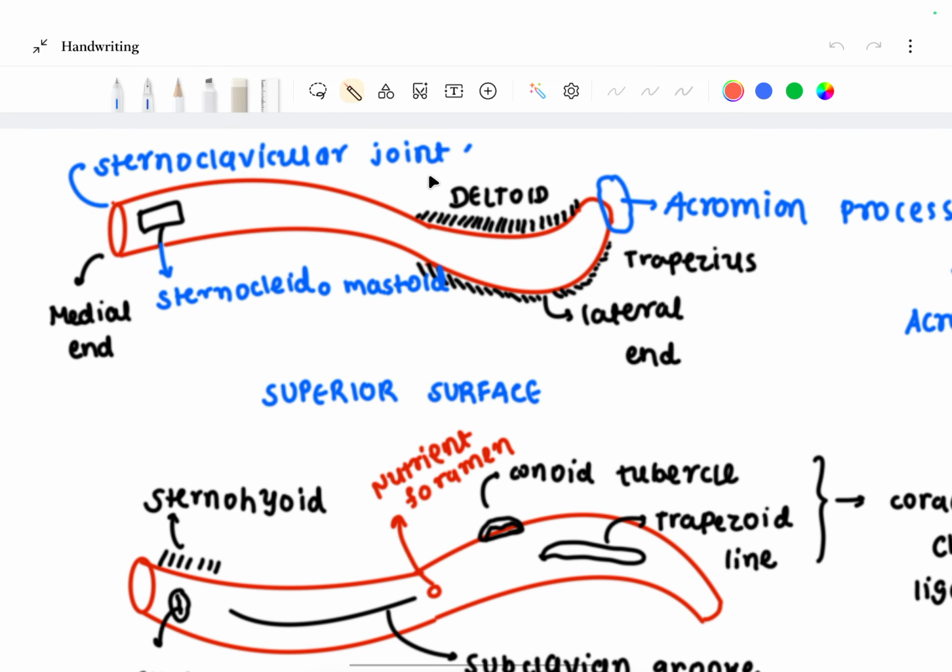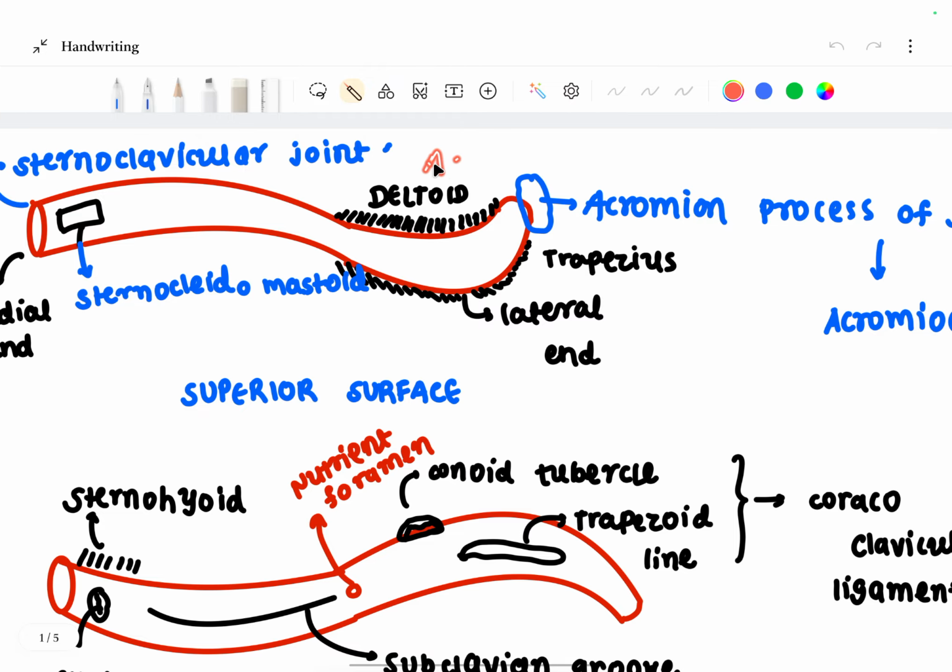This is your anterior side. This will be your posterior side. So this will be your middle. I am talking about this junction, which is between the medial 1/3 and the middle 1/3.